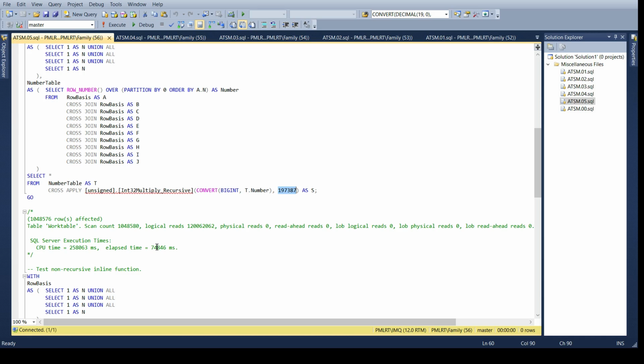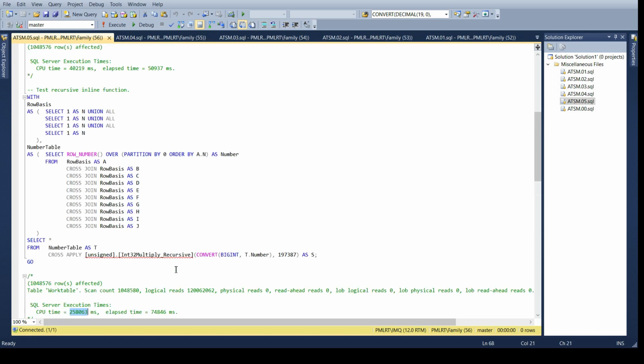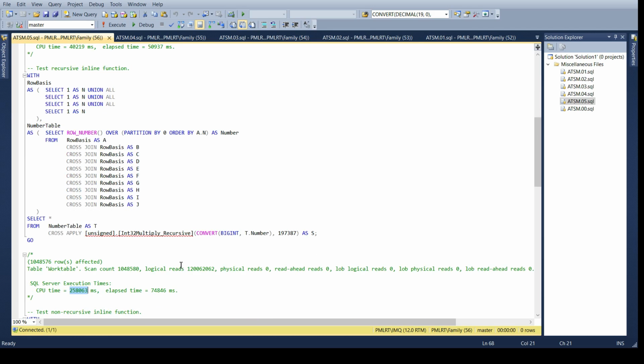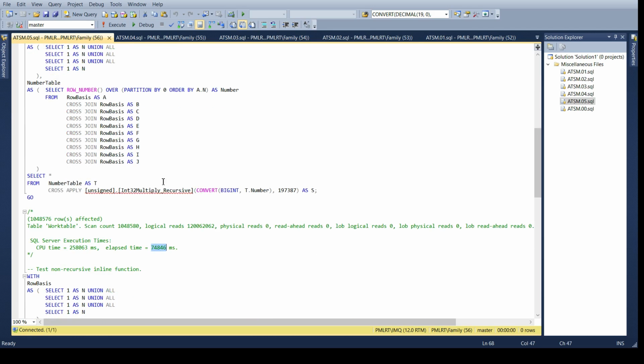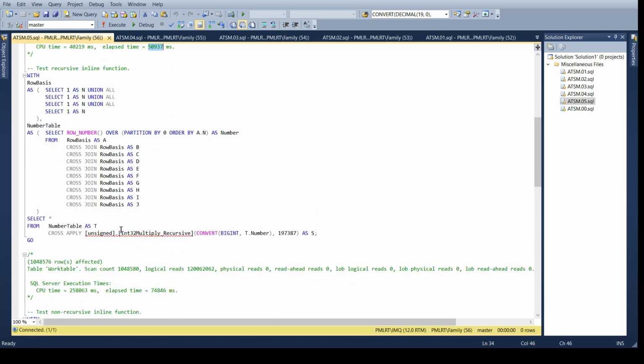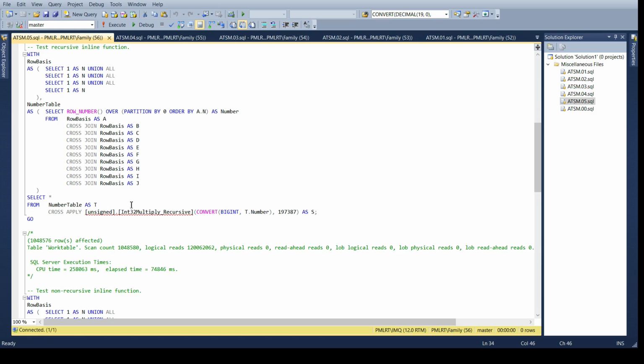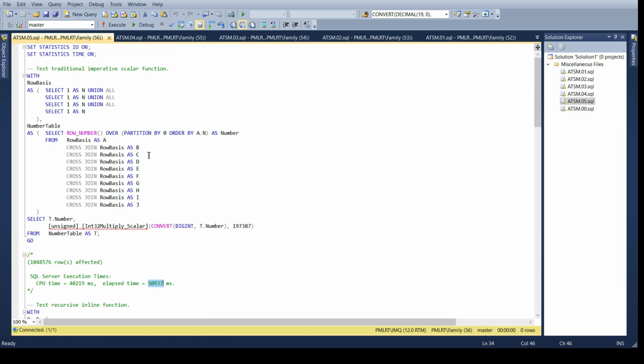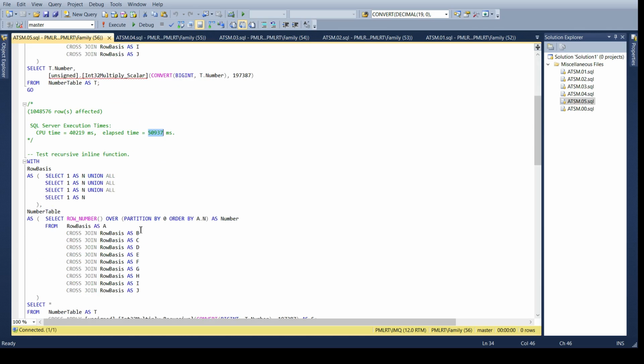This came out to be 74 seconds of elapsed time, and it actually had to use a work table and do some logical reads and scans. So this was pretty bad in terms of CPU and total elapsed time. Much longer. So even though this was more SQL-like and I used an inline function, it actually turned out to be more poorly performing than the imperative version, the scalar function.